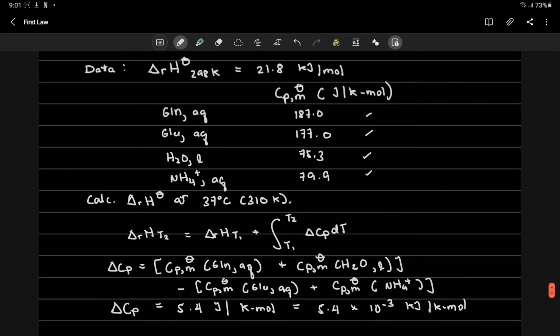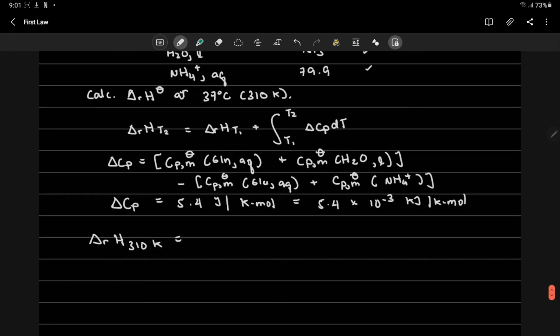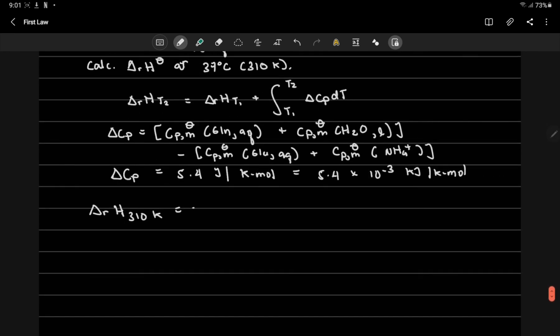So that will be 21.8. Naka-kilojoules per mole na siya. 21.8 plus integral from 298 to 310. So this is just a minor difference of delta Cp, which our value is right here. So 5.4 times 10 raised to negative 3 and dt, right?